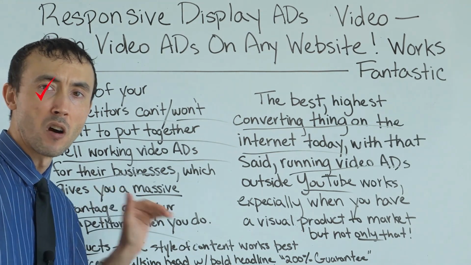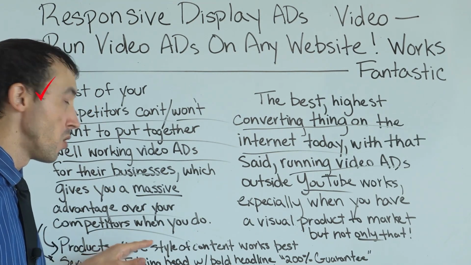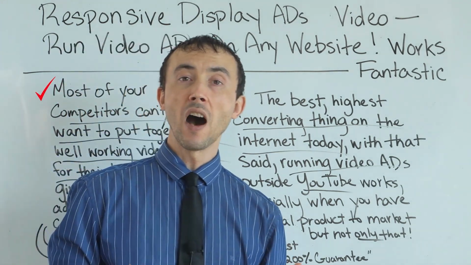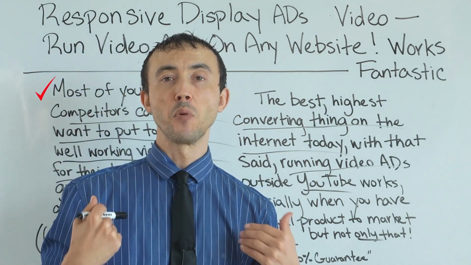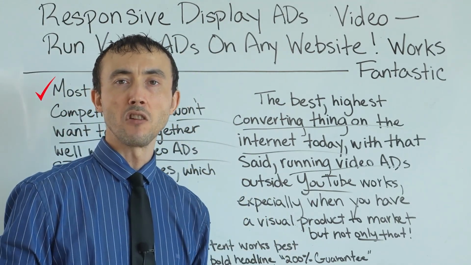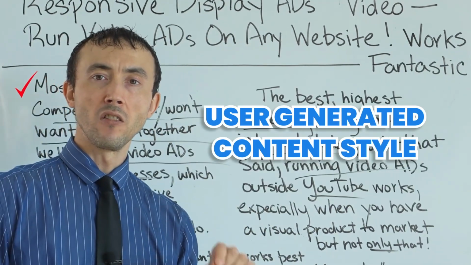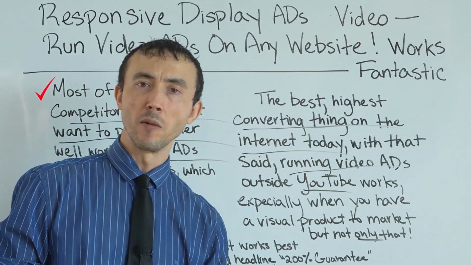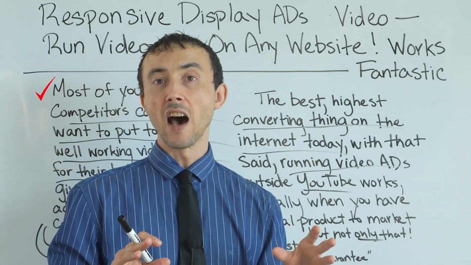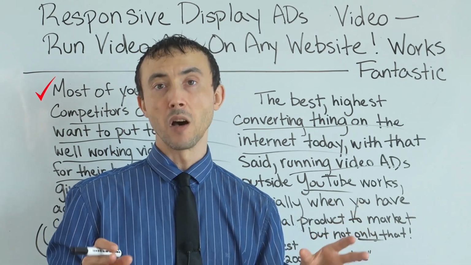I touched on this a bit ago already, but you want a visual demonstration of that product because there's no audio, and that's the best thing that we found pulls the best. And when I say a product demonstration, I mean a user-generated content style of product demonstration, where the video looks like it's not put together by you, the company.